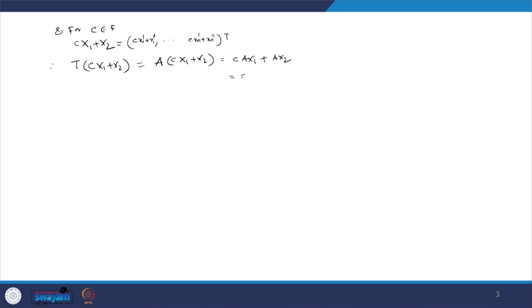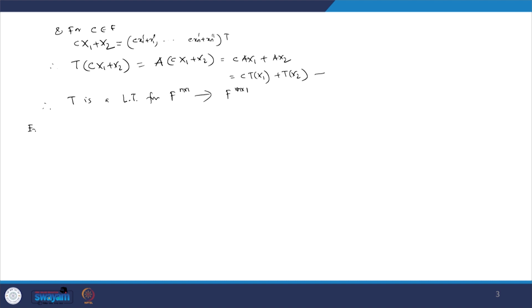This is equal to c times T of x 1 plus T of x 2. So T is a linear transformation from F n cross 1 to F m cross 1.